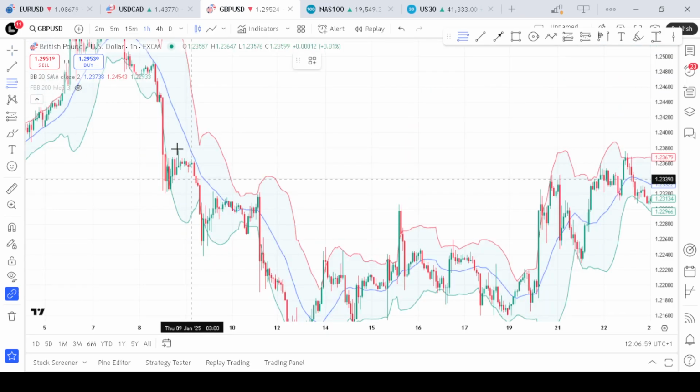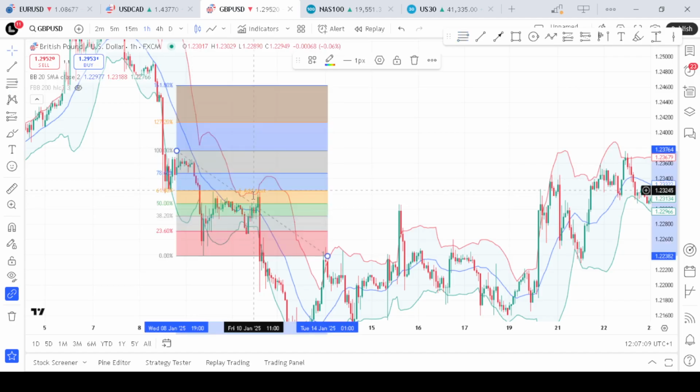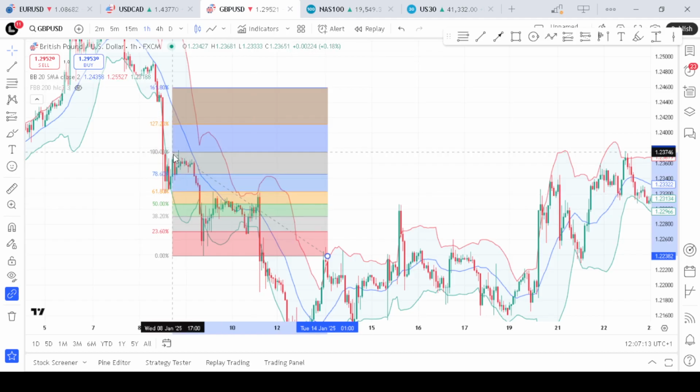Let's draw our Fibonacci level from swing high to swing low, and we can see when price touches the upper band of the Bollinger Band and it aligns with the 61.8 level on the Fibonacci, it means that we can look for a selling opportunity at this area, at the upper band of the Bollinger Band.